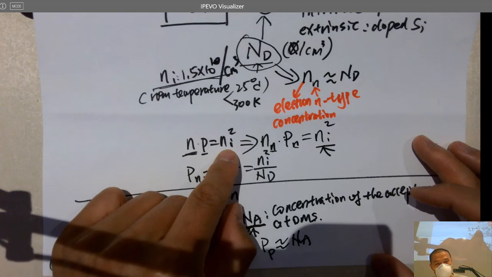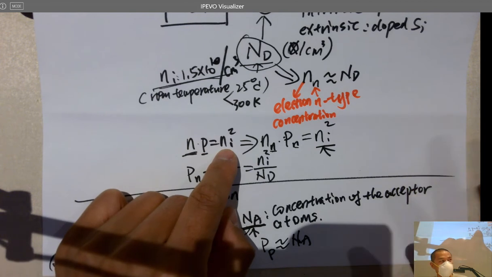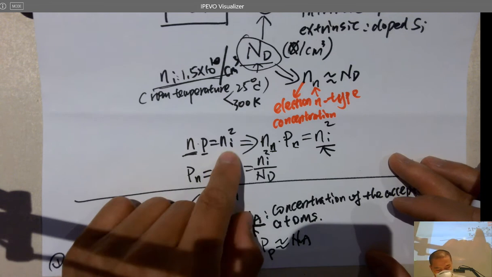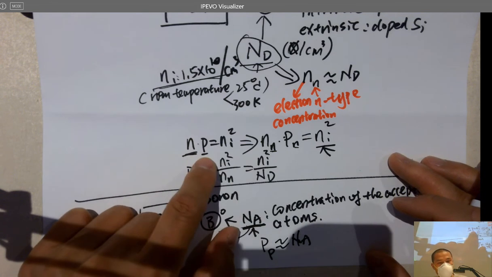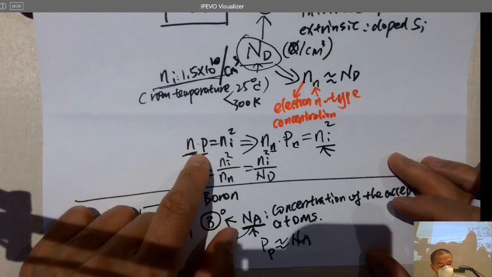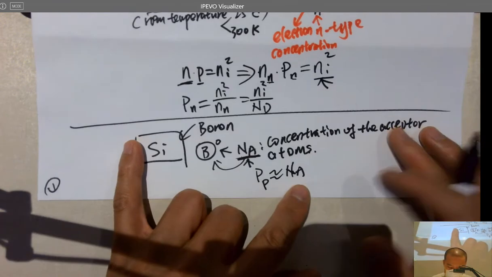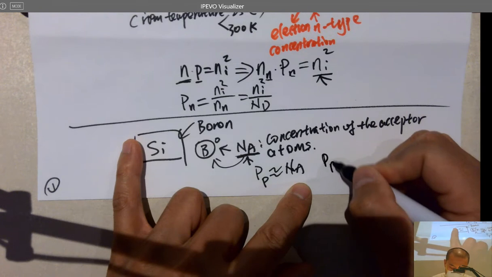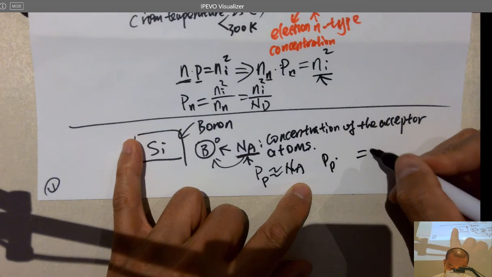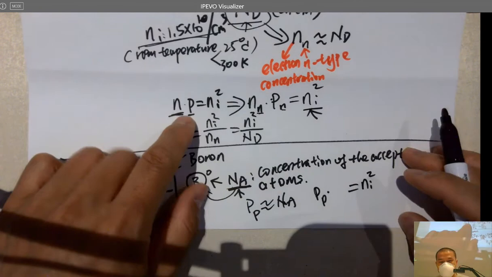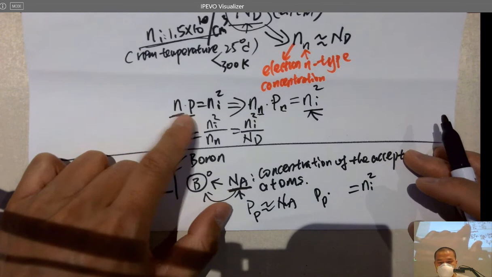For undoped silicon, the concentration squared equals n times p, no matter if it's intrinsic or extrinsic, it doesn't matter. So now we know that p times what equals ni squared, given that conclusion here.